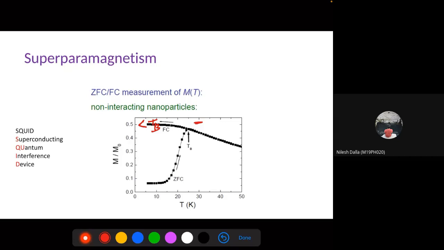If I take, let's say, a 20 nanometer iron particle, and I observe a blocking temperature at maybe 40 Kelvin using a SQUID.